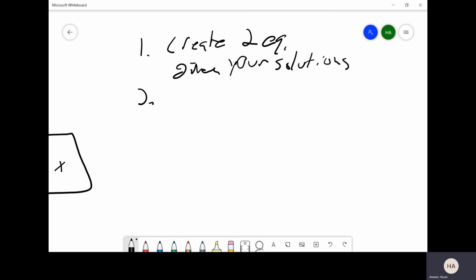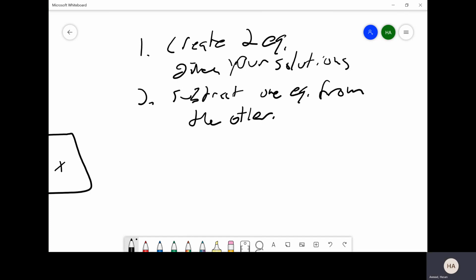Second step, and this is the part where I'm going to write it and it's going to make no sense because you've probably never seen this before, okay? You're going to subtract one equation from the other, okay? So subtract one equation from the other. We'll go through that slowly in the following example.